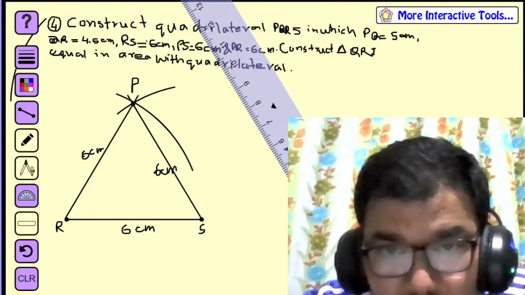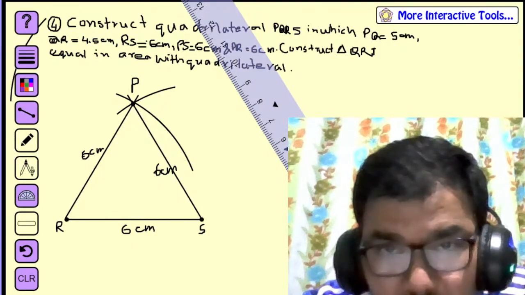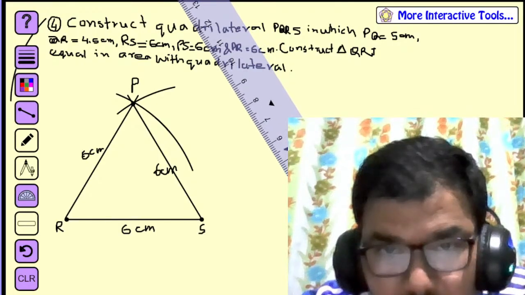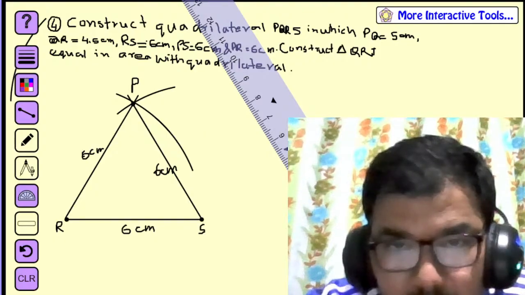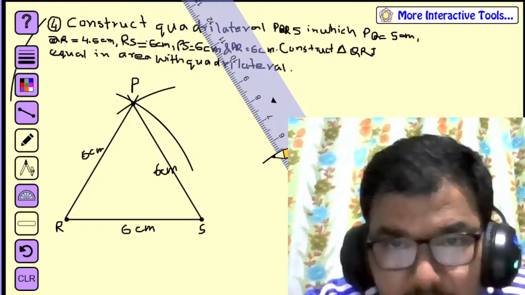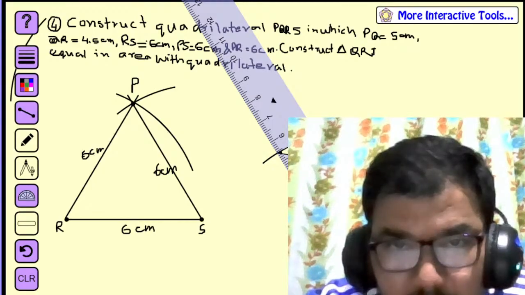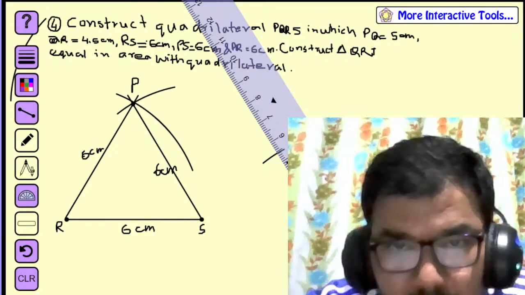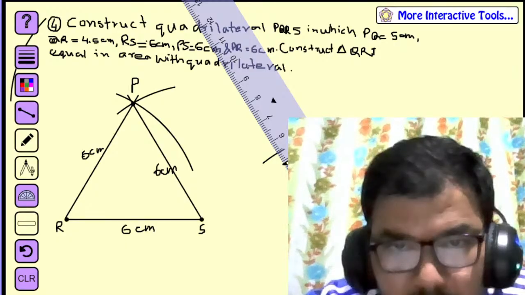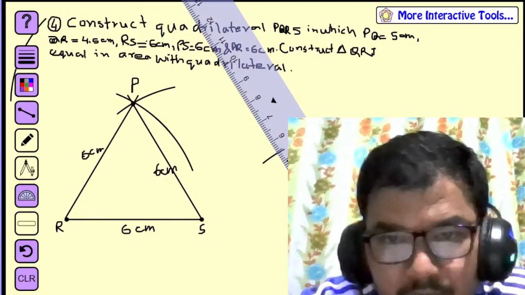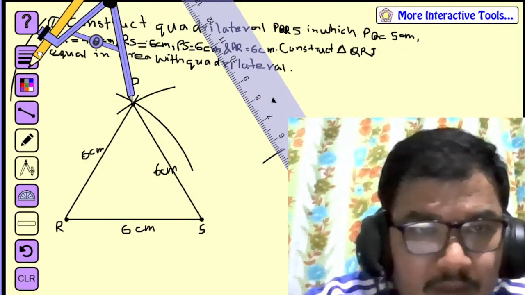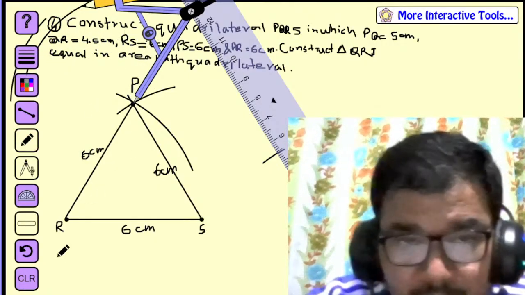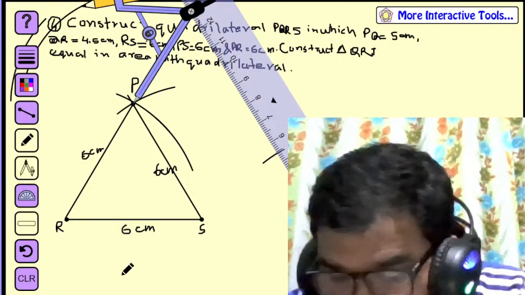See, this one is 5. Now from R to Q, it is 4.5.